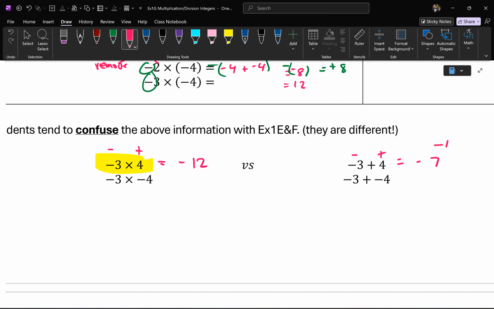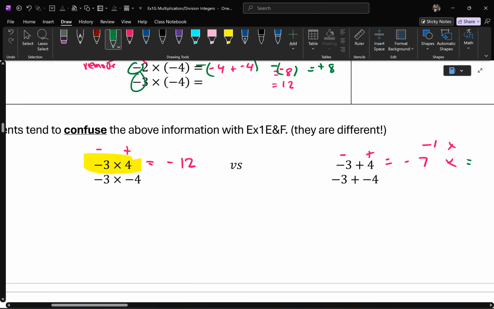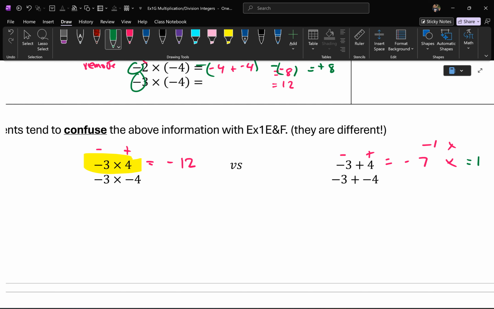They'll have a whole variety of answers, but all of it is wrong. Negative 3 plus 4, if you look at the number line, actually equals positive 1. Okay, so be careful with that confusion.